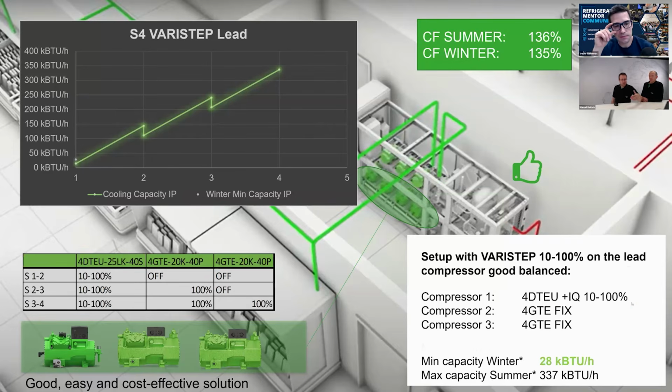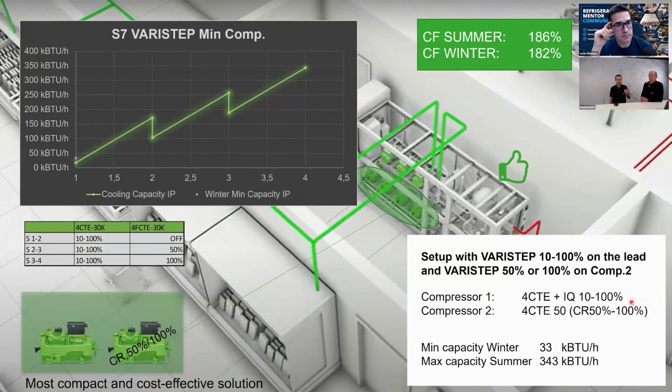If there is no space available, we don't really recommend doing such big systems with a 2 compressor execution. For smaller capacities, it is standard to have only 2 compressors now with the Varistep. Even though you can do it with 2 compressors, whereas with variable speed drive, you would need 8.